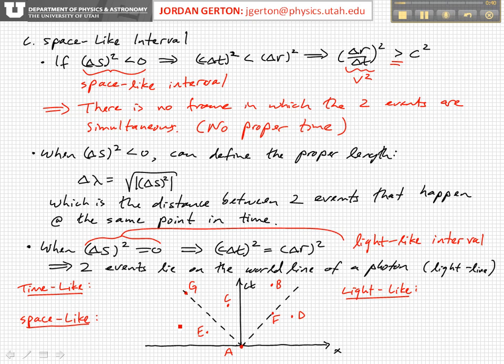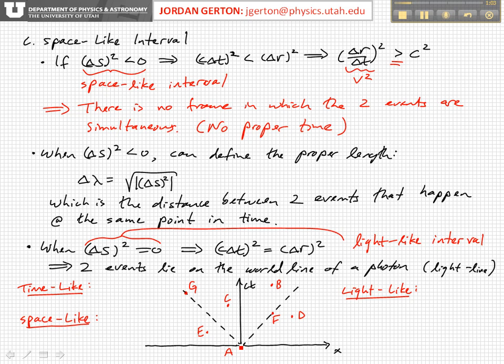So for example, time-like intervals are intervals between events where the events happen within a particular light cone. The dotted lines on this space-time diagram are the light cone.